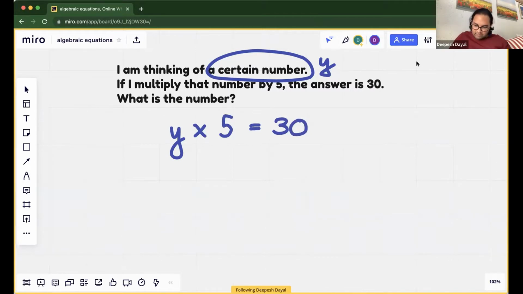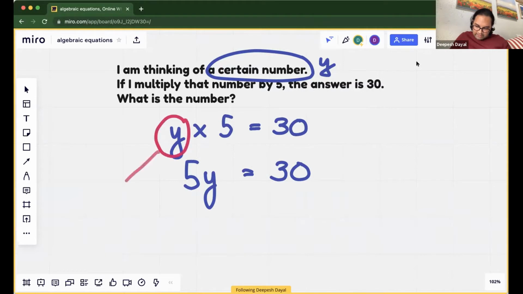And then in the place of y, if we plug in 6, as you said, we should get 30. Some of you are even saying 5y, and that is correct because y times 5 is 5y, and that equals 30. Here the y represents the certain number, right?